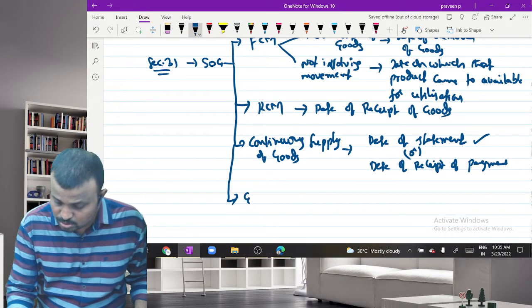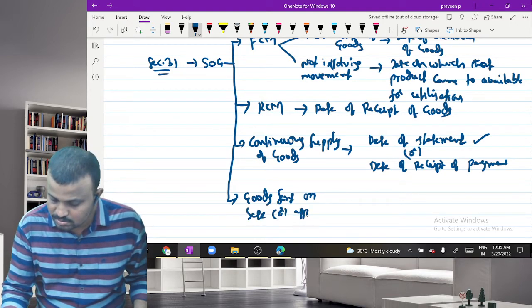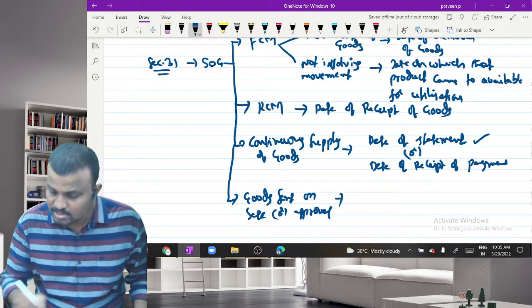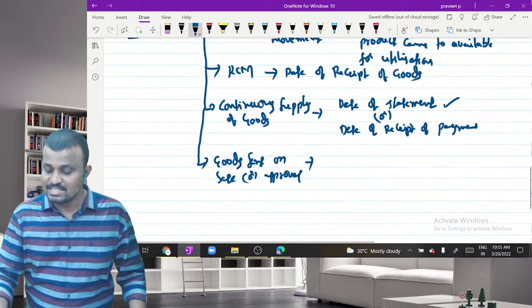And then if the goods are sent on sale or approval, then what is the last date for raising the invoice?